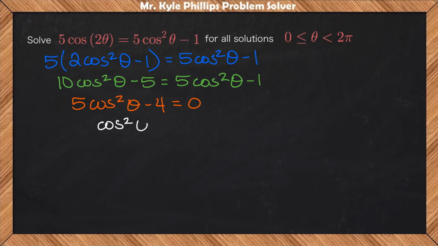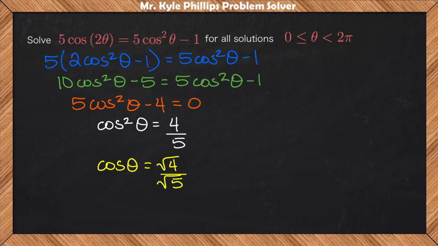So cosine squared is 4 over 5. And to eliminate the square, I will take the square root. There we go. I'm jumping ahead of myself here. So cosine theta is the square root of 4 over the square root of 5.